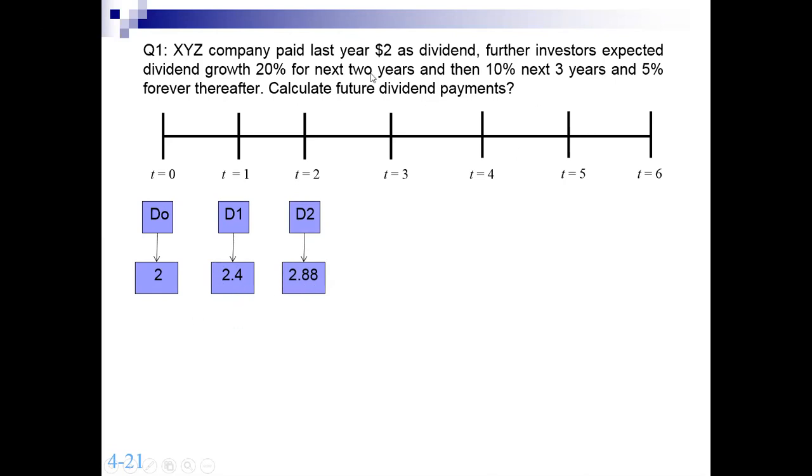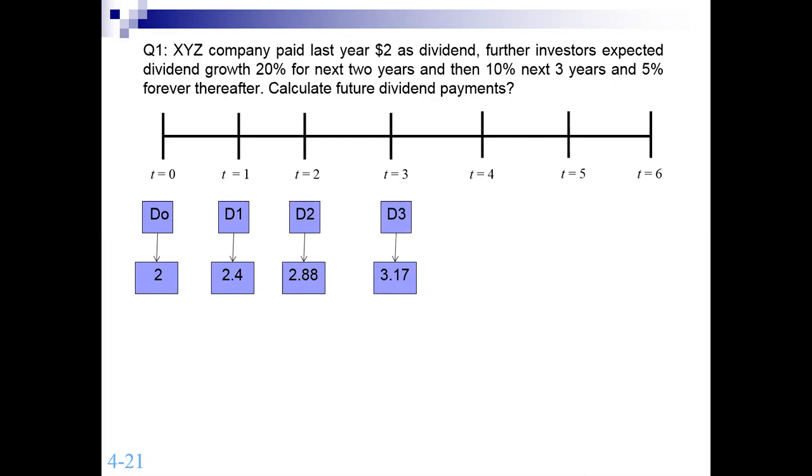But after these 2 years, the question changes: 10% for the next 3 years. It means that after D2, the dividend will not grow by 20%. Now for the next 3 years, it will grow by 10%. So over here, the dividend will be 3.17. How will you calculate it? Of course, I will present it on the Excel sheet.